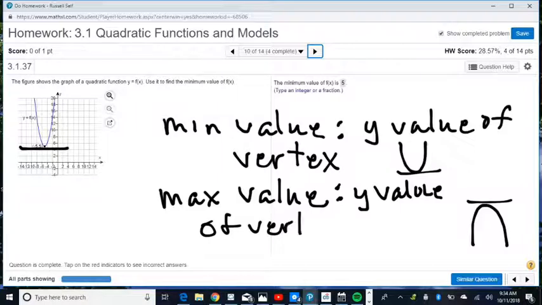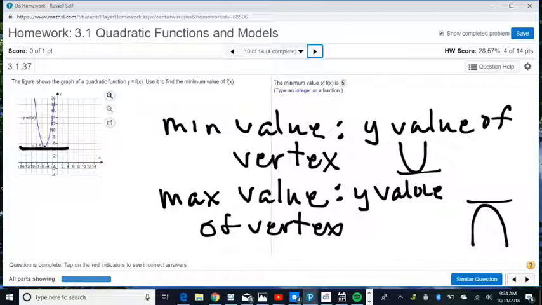It doesn't matter which one you're being asked, minimum value or maximum value. It's just the y value of the vertex. Okay? You get a minimum if it opens up, so it bottoms out. You get a maximum if it opens downward. That means the vertex is at the top, or the maximum point.